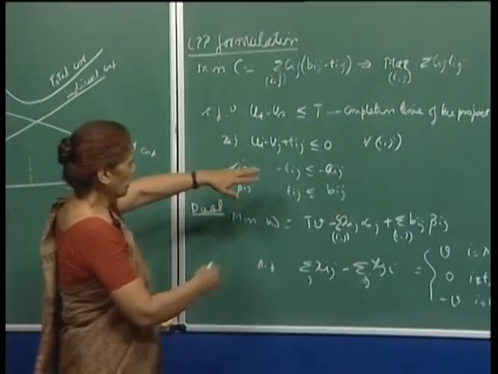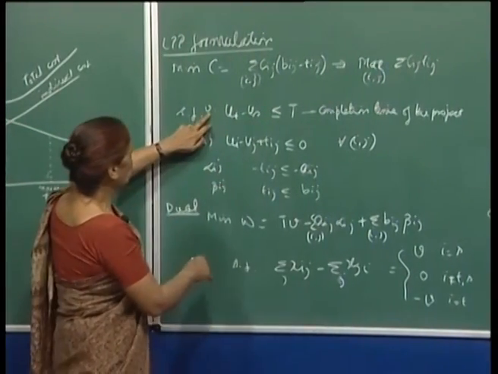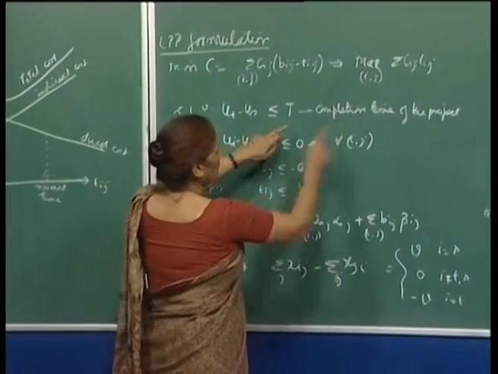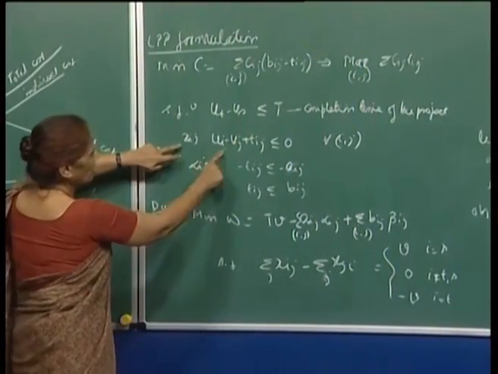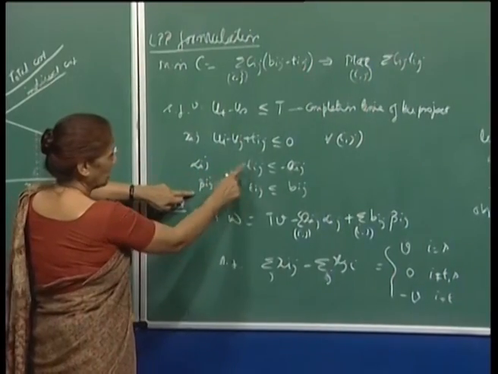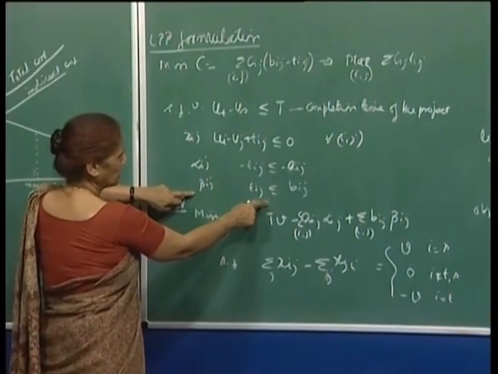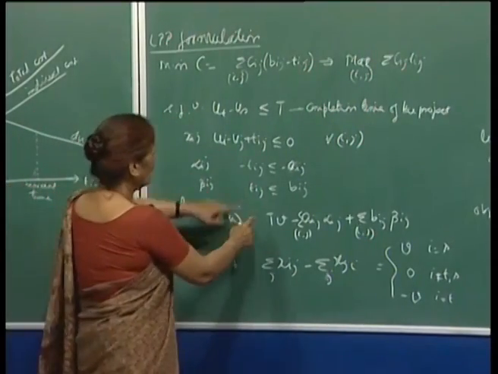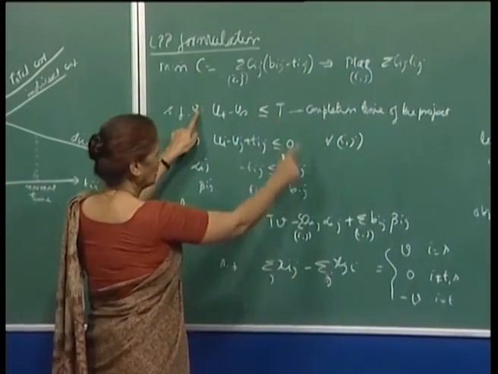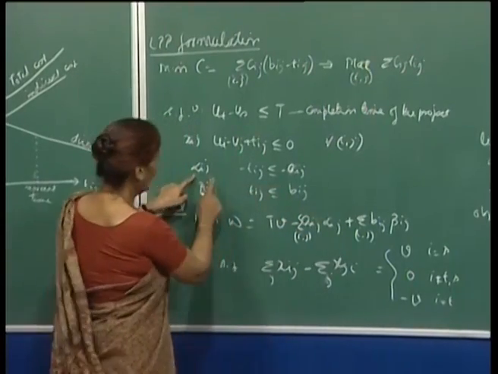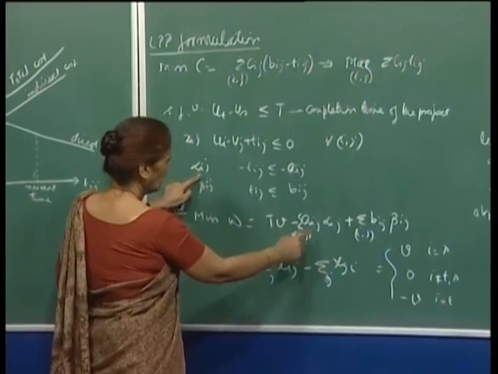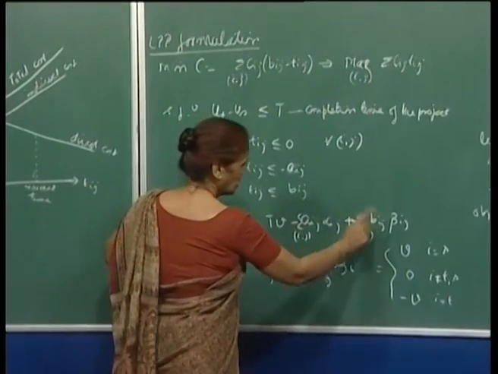We will associate the variable v with this constraint, where t is the completion time of the project, then x i j with these constraints, and alpha i j, beta i j with these two sets of constraints. Then if you write the dual, the objective function will be T v, then you have only with respect to these, because this is 0, so minus A i j alpha i j summation, and beta i j B i j summation.